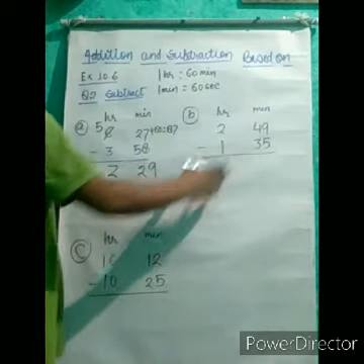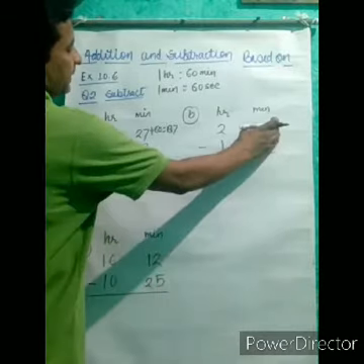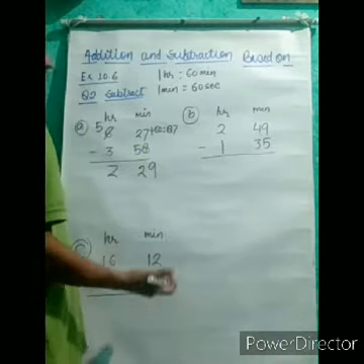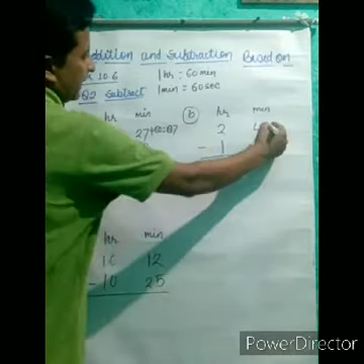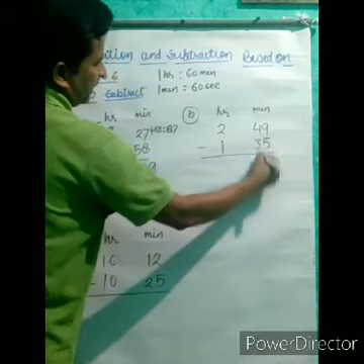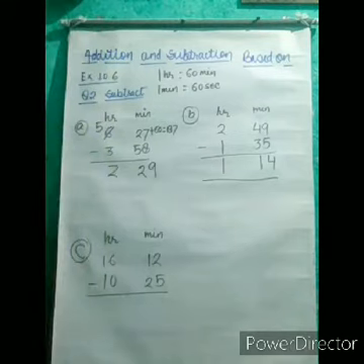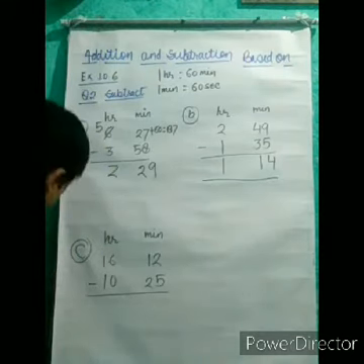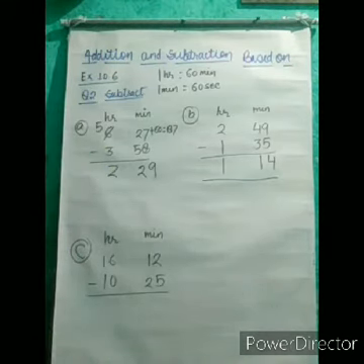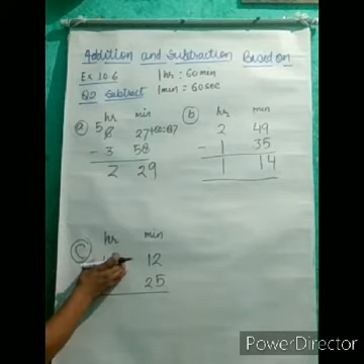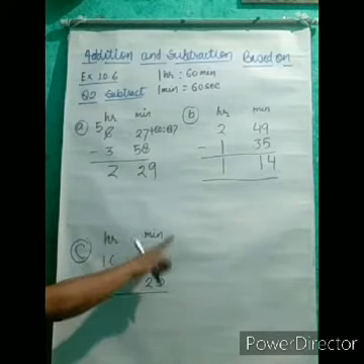Same way here, you can see 49. From 49 we can subtract 35, so no need of taking any borrow. 9 minus 5 is 4, and 2 minus 1 is 1. In this third part, from 12 we cannot subtract 25, so from the hour we will take 1 hour as borrow to minutes.